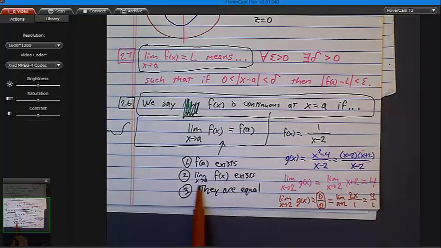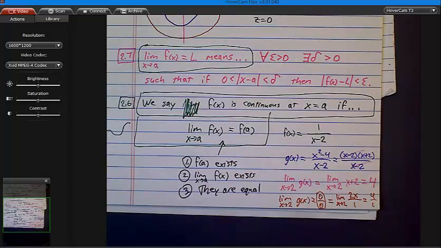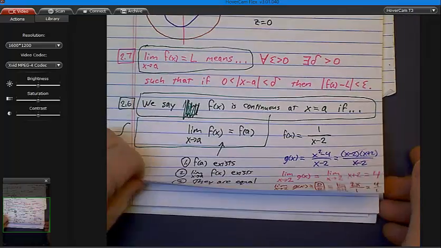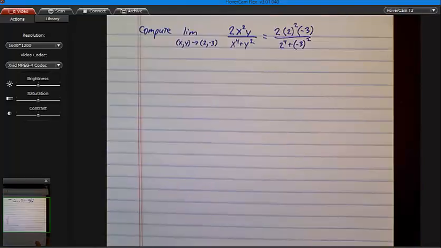But the limit exists. You guys with me? And so if you just said, hey, I'm going to make f of 2 equal to 4, then you can actually have a continuous function. It's what's called a removable discontinuity. All right, but let's go to our problems today and see what's happening.